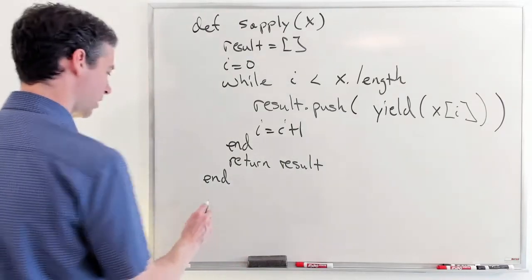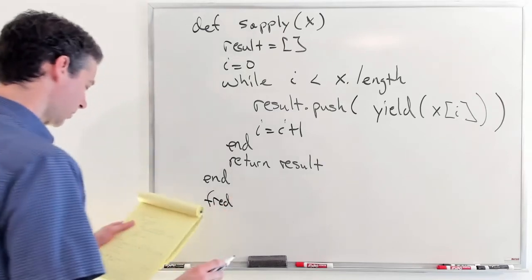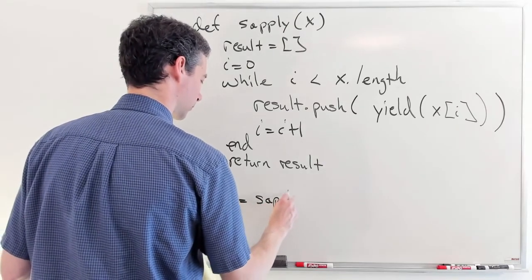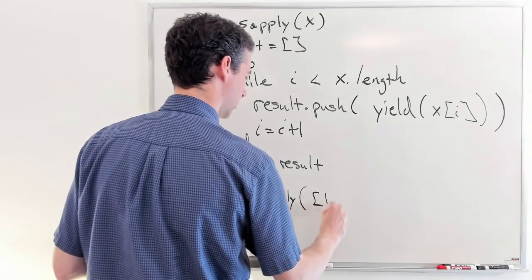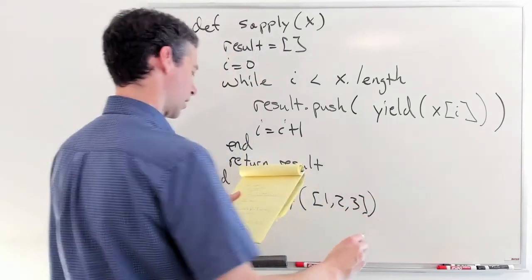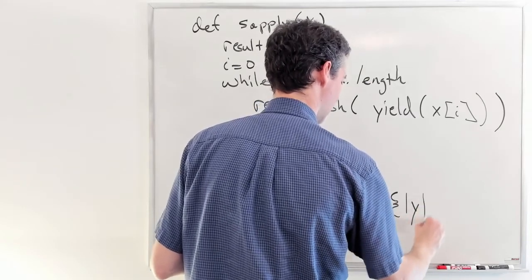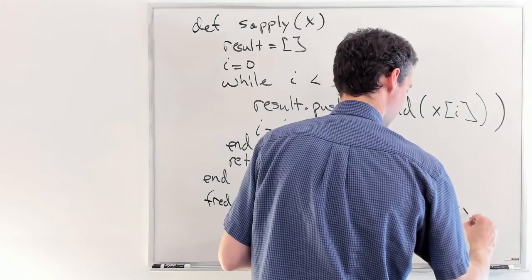So I could go ahead and say, sometimes I like to have variable names with people's names. So fred is equal to sapply. I'm going to pass in an array of 1, 2, 3. And then I'm going to make a block that takes an argument y, and it does 2 times y.